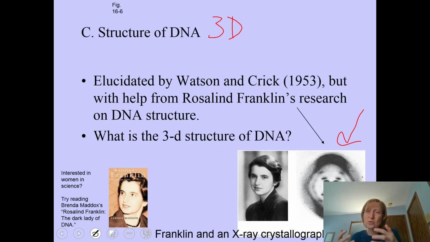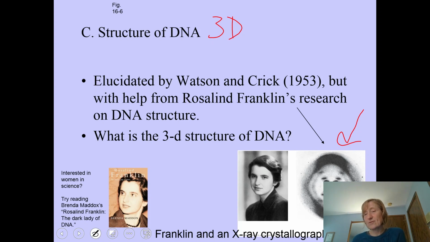She hadn't quite sorted out how the bases paired together yet, but she had figured out the diameter of the molecule, and she was essentially pushed back and told, she was a woman, she couldn't go into the places she couldn't go to like the lunch place with the men because she was a woman.